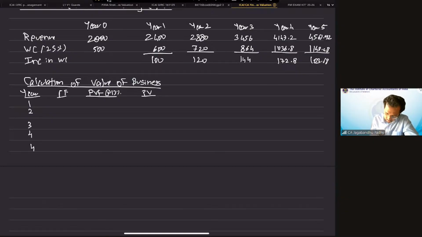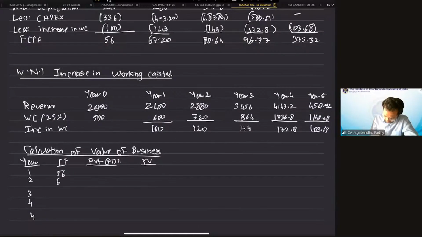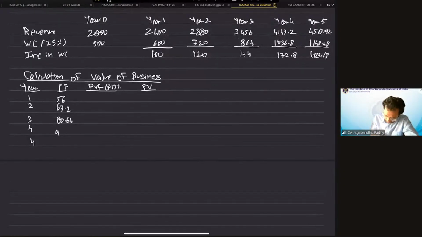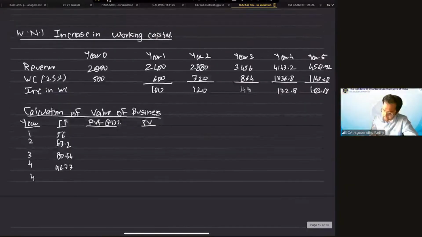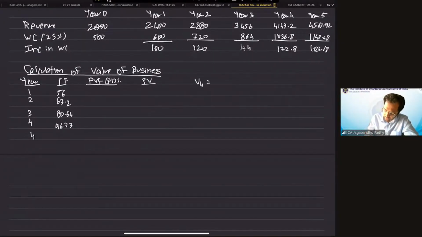Cash flows are 56, 67.2, 80.64, 96.77. And of course, for the fourth year, I need to get the value in year 4, which will be FCFF in year 5 upon Ko minus g.